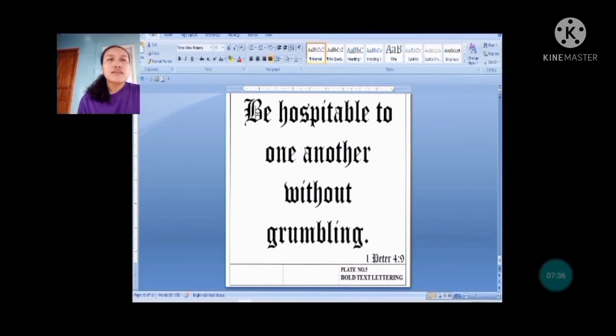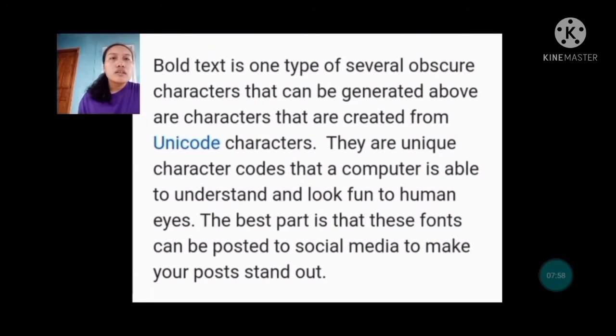So, next, the bold lettering. This is an example of bold lettering text: Be hospitable to one another without grumbling, by Peter 4:9. This bold lettering text is one type of several obscure characters that can be generated.